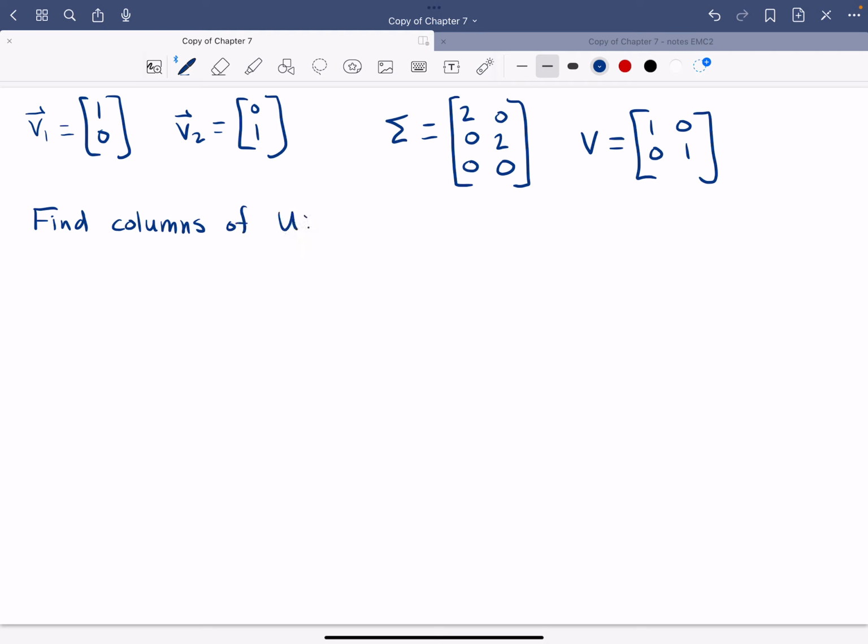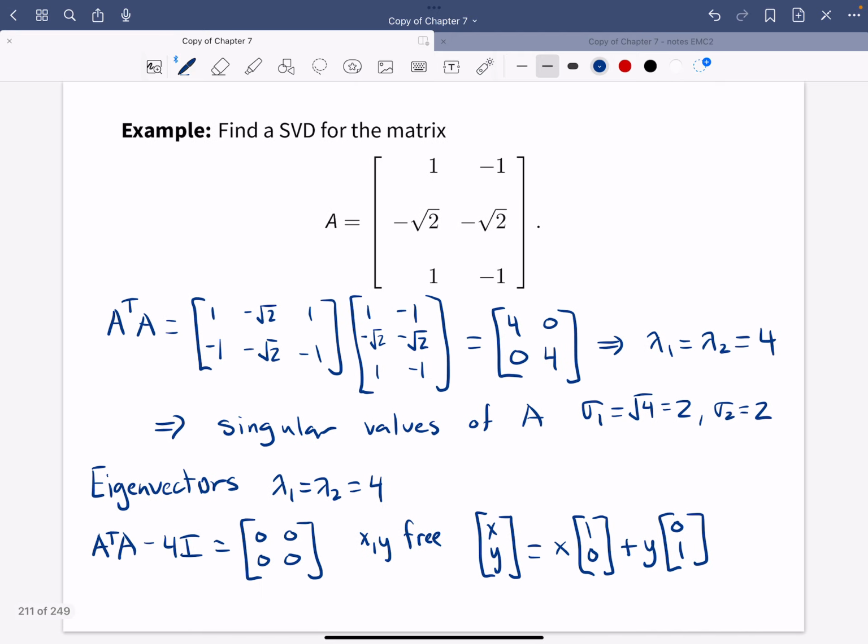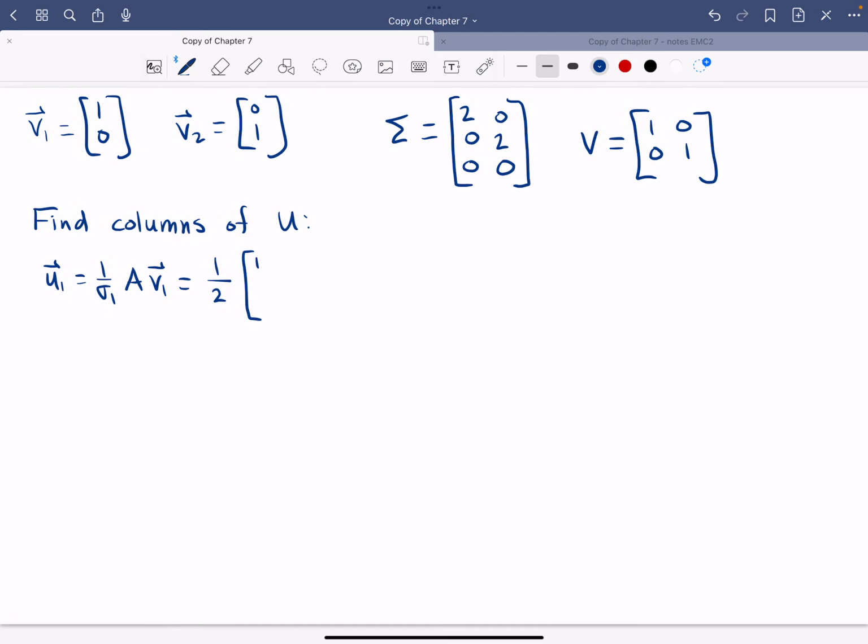And again, to do that, we use this little formula. So U1 is equal to 1 over sigma 1 times A V1. So in this case, sigma 1 is 2. A is equal to [1, negative rad 2], [1, negative 1].